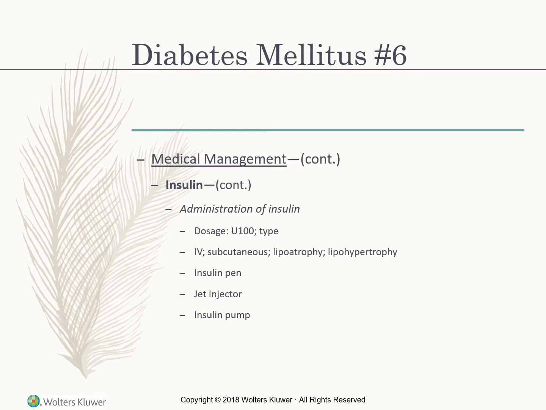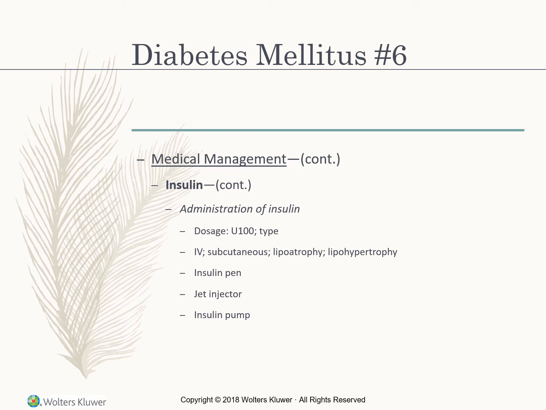So when we're talking about the administration of insulin, insulin is described in units. U100 means that 1 ml contains 100 units of insulin. Inhaled insulin is supplied in 4-, 8-, and 12-unit single-use cartridges. The physician will then specify both the dosage and the type of insulin to be used.